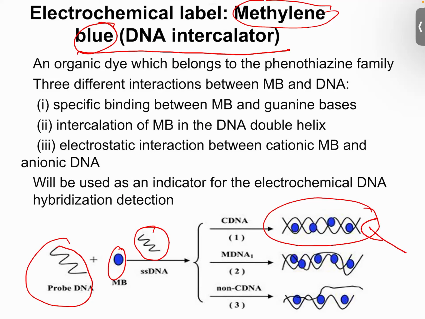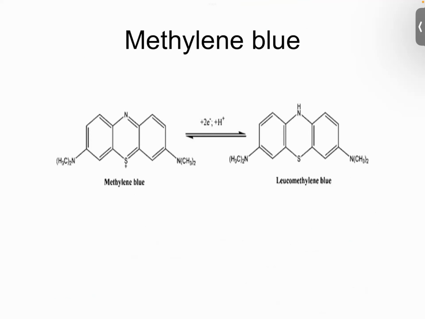So if we have a good, perfect hybridization, there will be a lot of methylene blue intercalated inside the double strand. Since methylene blue is electrochemically active, you can see that it can be reduced and oxidized. So it is electrochemically active.